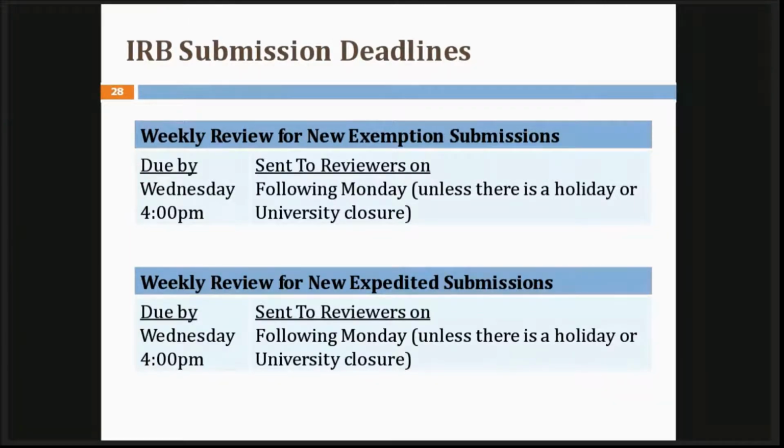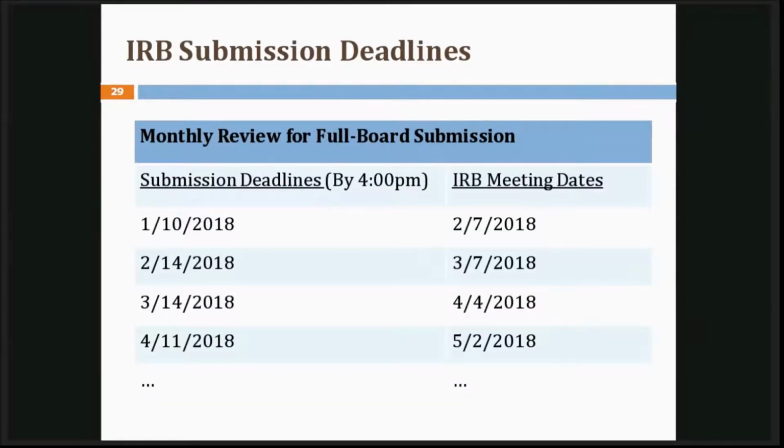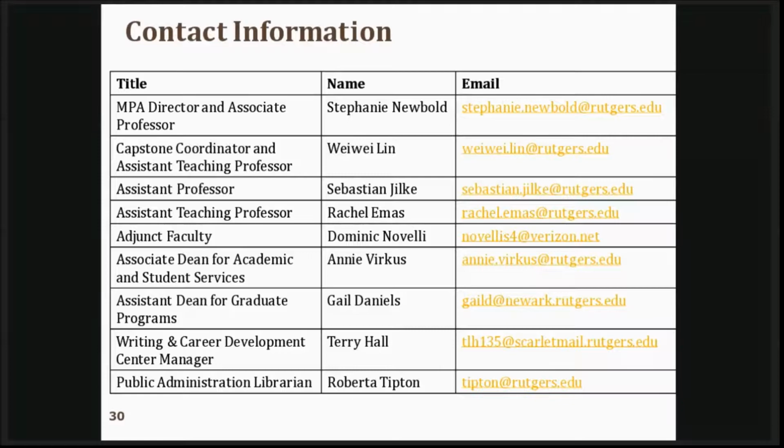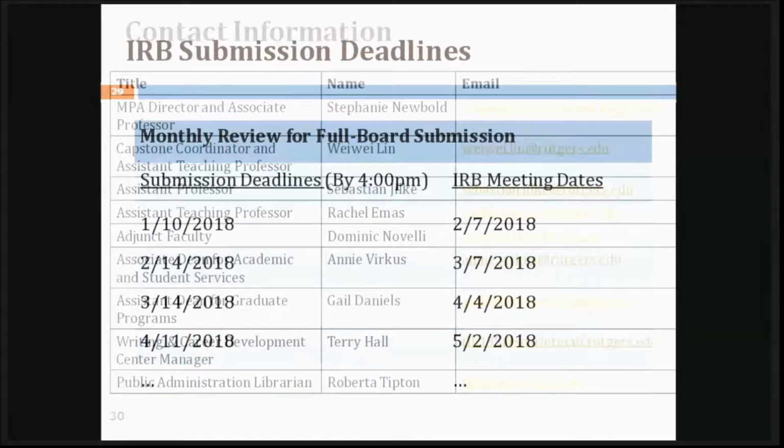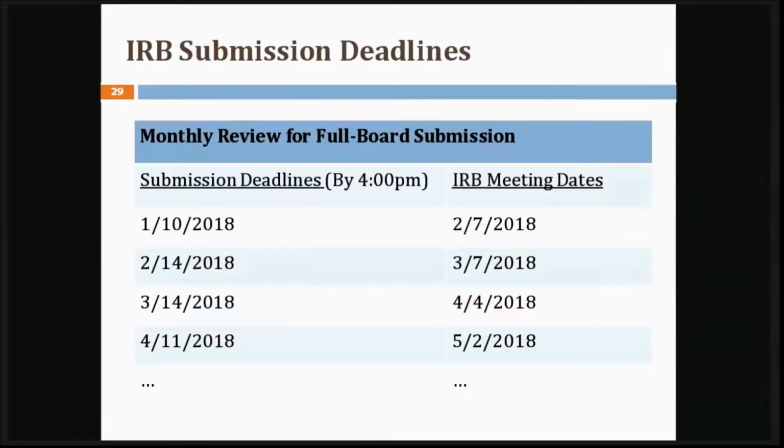The most difficult, of course, is the full board submission. Well, this is a monthly review process. So, for example, these are the deadlines for each month. It was yesterday, so it already passed. We already passed this month's deadline.